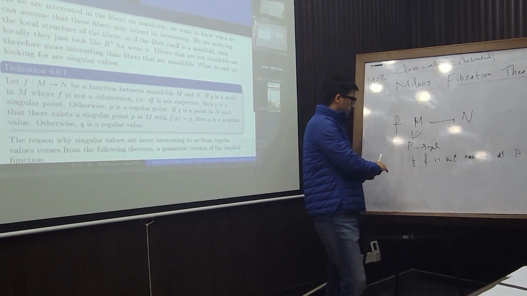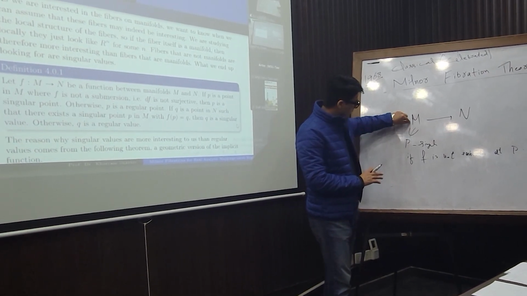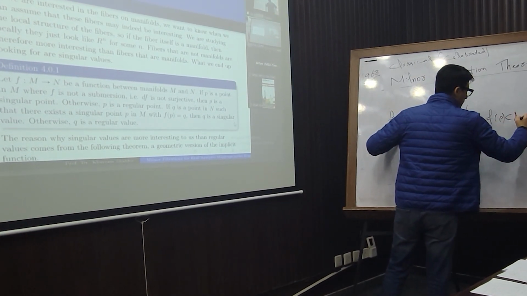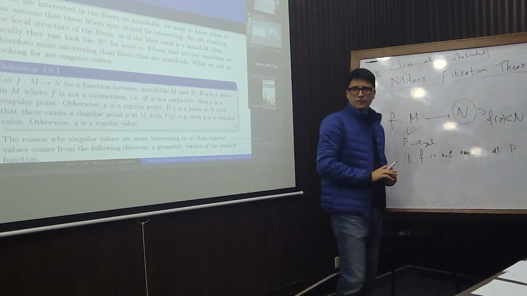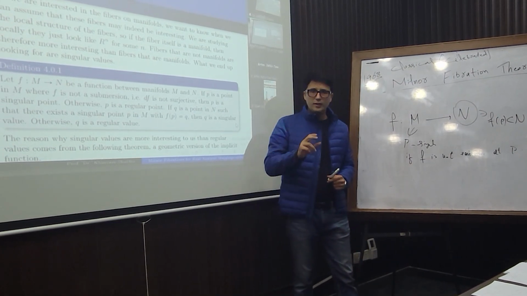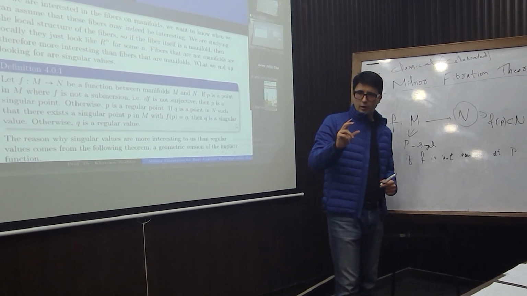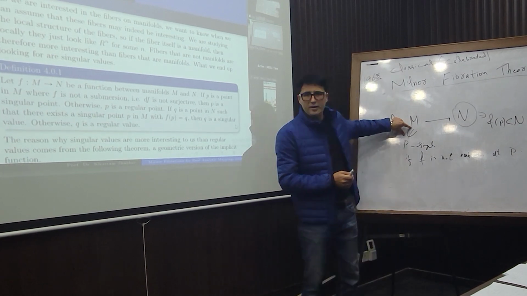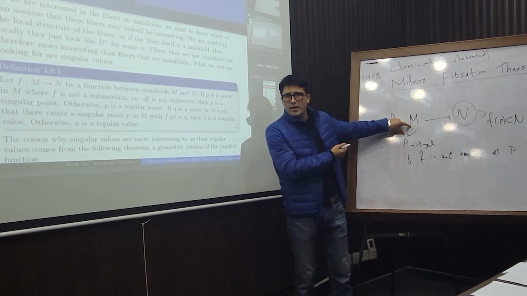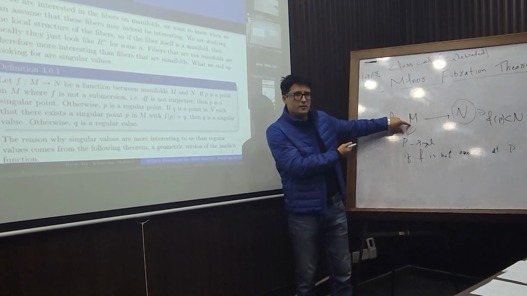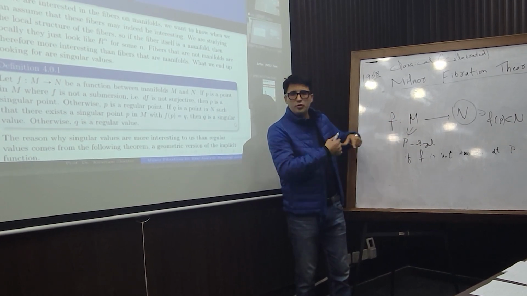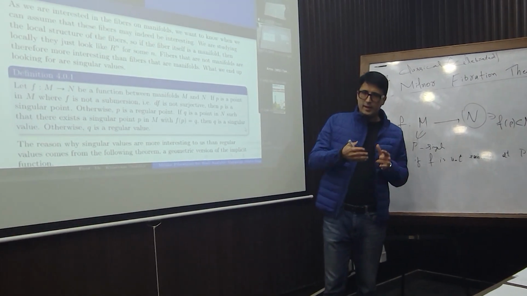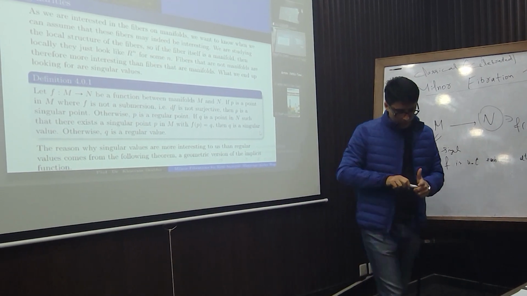Then if this point P is a singular point, the image of that point, which is here, is called a singular value. So these two are very important points here. I will be telling you later, because these singular points are basically the brain tumors. And ultimately, we have to remove this singularity using some surgery. Behind that surgery, there is mathematics, and in that surgery, we will be using all these tools.